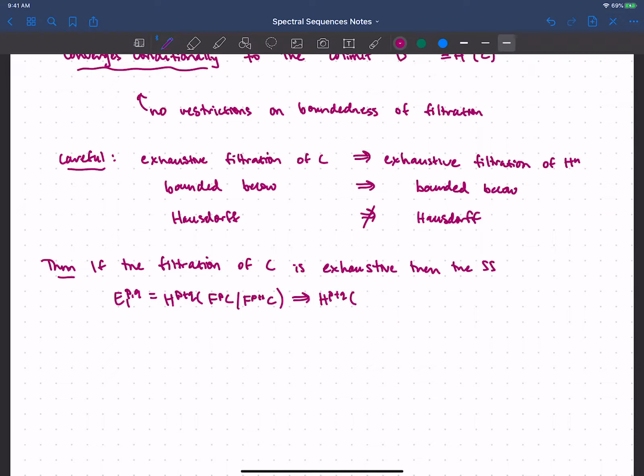Well, if we don't start with something complete, then we're going to converge to the completion. And in fact, again, we kind of haven't dealt with any of the issues of limits and lim 1 and so on, so this will still converge conditionally.